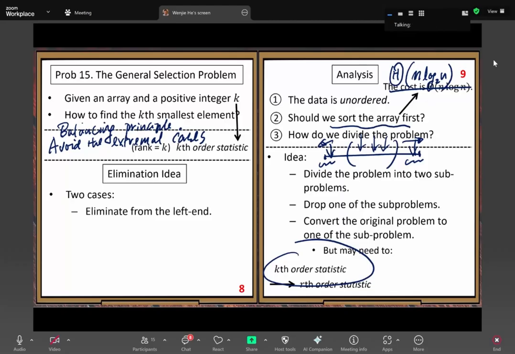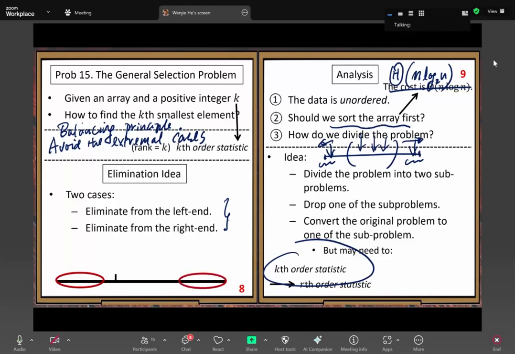So the two cases: one is elimination from the left end, another is elimination from the right end. I use the diagram here. Because these two are pretty much symmetric, we only need to look at one of the two cases.